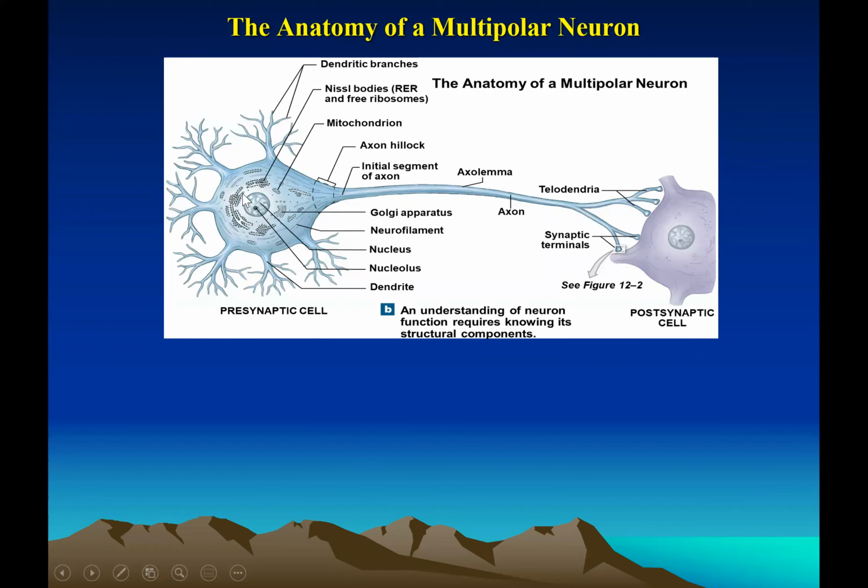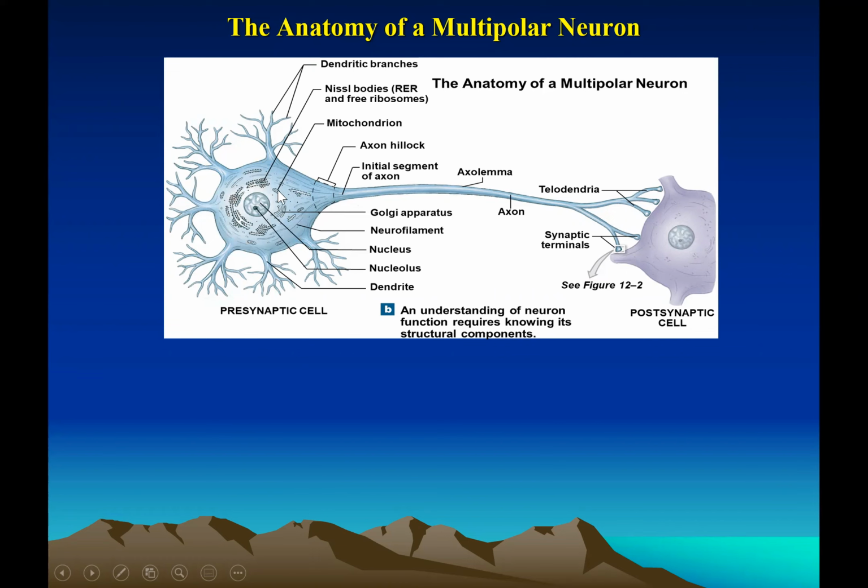It has a very large nucleus, and you can see the nucleolus inside it. The nucleus will have the DNA, and the nucleolus will have the ribosomal RNA, and then it will have nucleoplasm and so forth. You can see that the cytoplasm is called the perikaryon. Peri means outside, karyon means nucleus, so perikaryon.